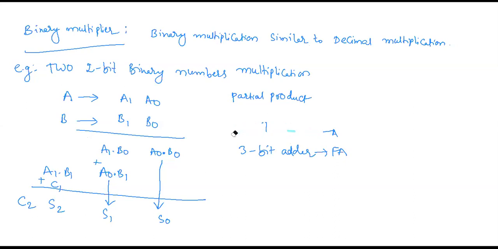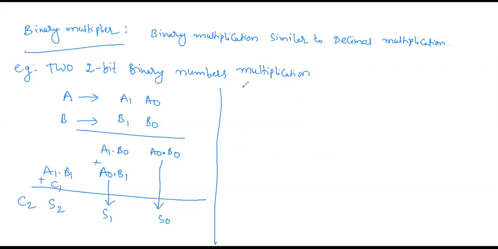So we are getting maximum 2 bits for addition of partial products.